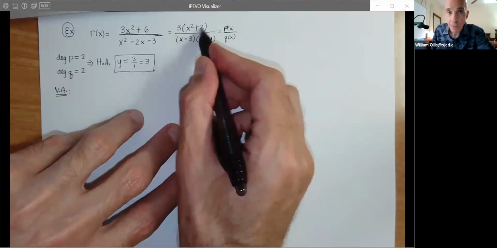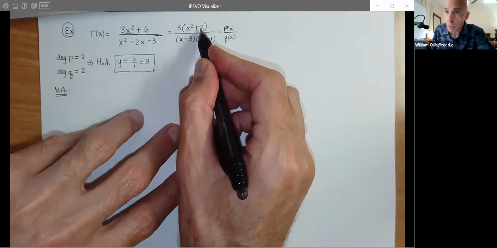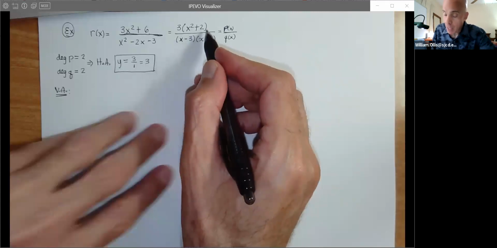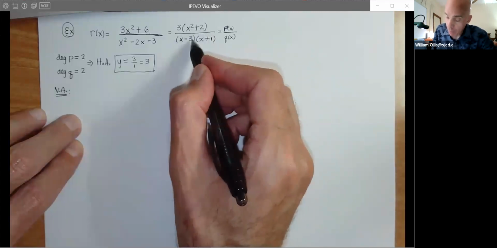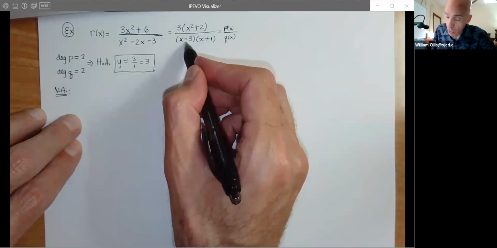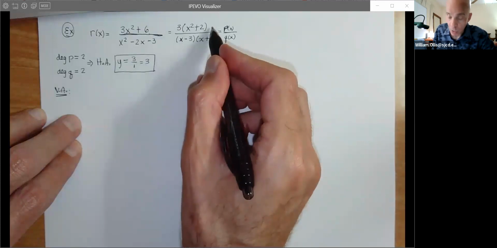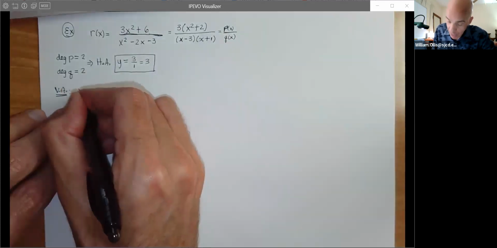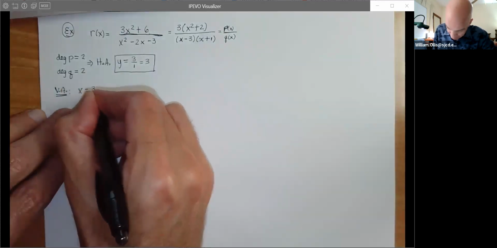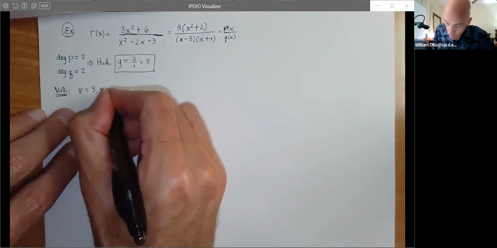So this does have zeros, but they're not going to be real zeros. So we don't have to worry about them. So now we see that we have zeros here and zeros here, a 3 and a -1 that will never be zeros in the numerator. So this gives us x equals 3 and x equals -1.